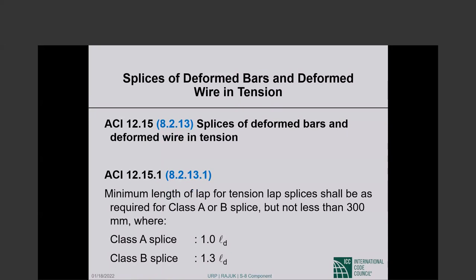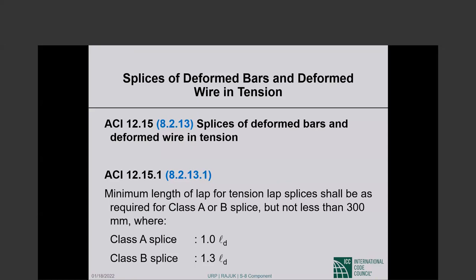Lap splices. So minimum length of lap for tension lap splices shall be as required for class A or B splice. There are class A and class B lap splices, but not less than 300 millimeters. So lap splice length cannot be any less than 12 inches. Class A splice, the splice length is 1 times development length.